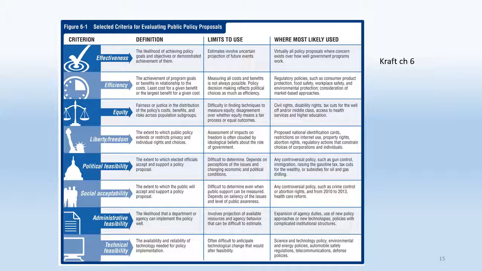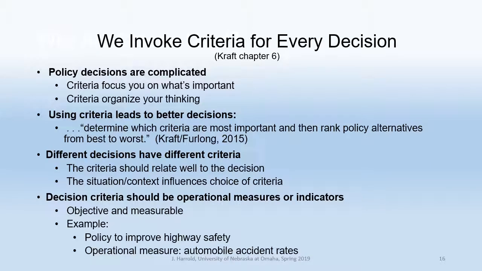But let's talk about these eight or nine different criteria and how they play out in analysis. So first of all, we do invoke criteria for every decision, right? Policy decisions are complicated, so the criteria help you focus on what's important, and they help organize your thinking. Using criteria does lead to better decisions.